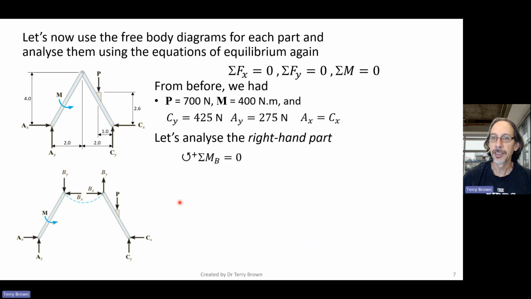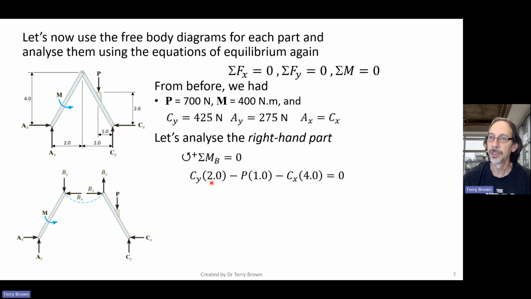So let's take moments about point B. Why take moments about point B? Because we've got 2 unknowns here, and they'll drop out of the equation because they both pass through that point, and we'll be able to calculate Cx directly. Okay, so if we put that in, Cy is tending to rotate anti-clockwise about point B. Its perpendicular distance to point B is 2.